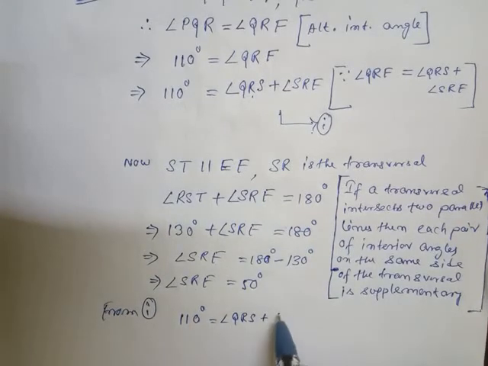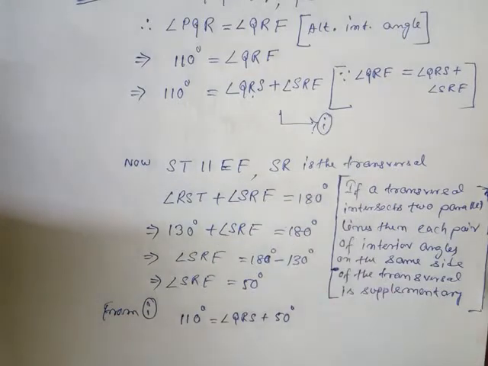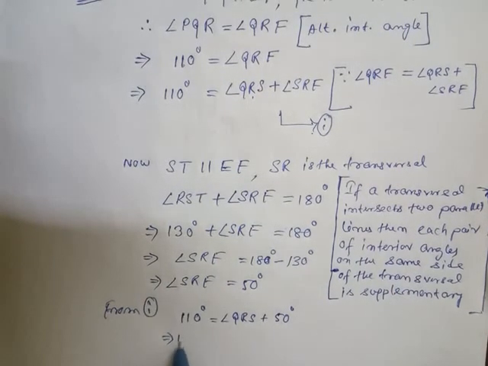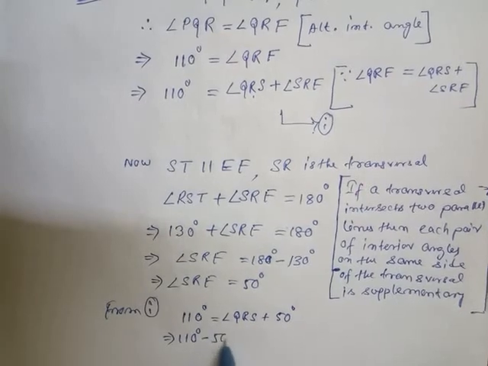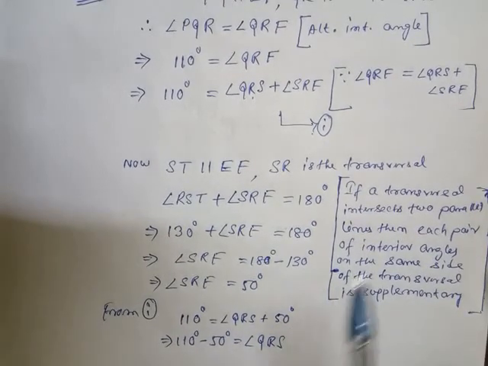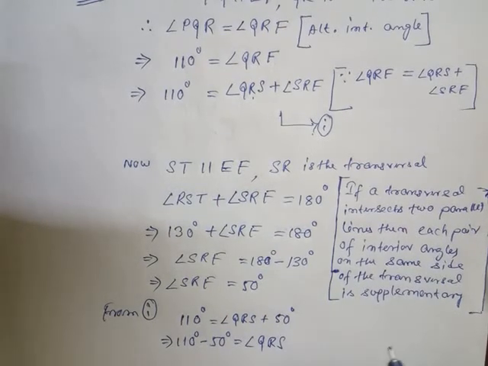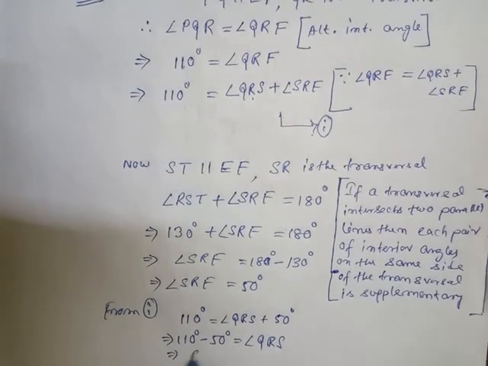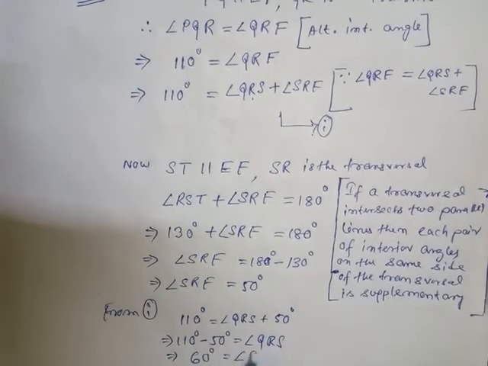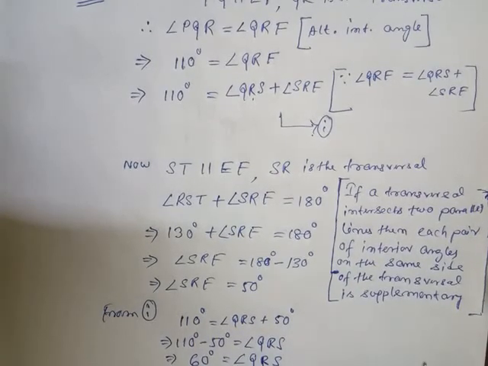SRF is 50 degree, so I will write down 50 degree in place of SRF from 1. So the next line would be 110 degree minus 50 degree equals angle QRS. Now the answer would be 60 degree. So angle QRS equals 60 degree. This is the answer of question number 4.